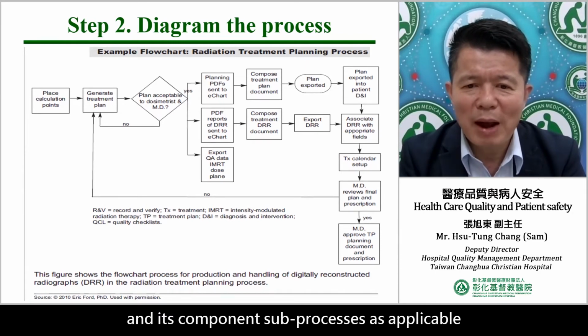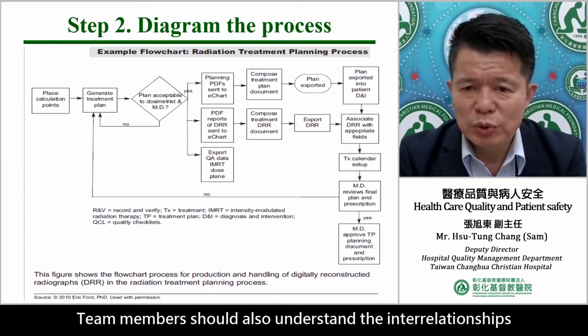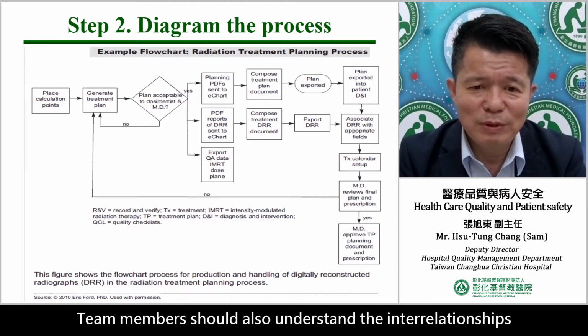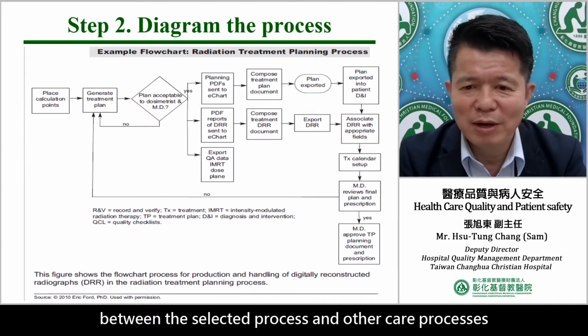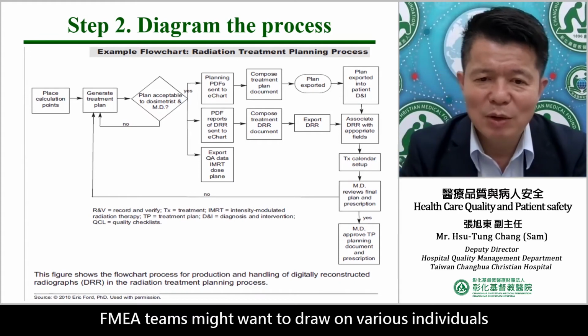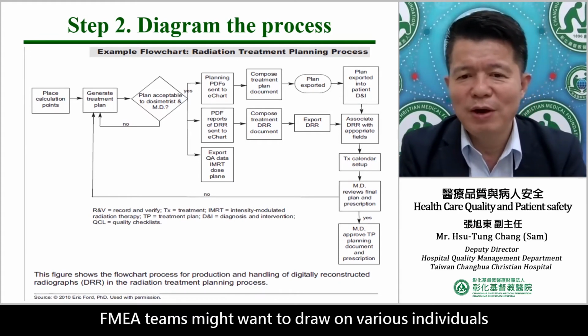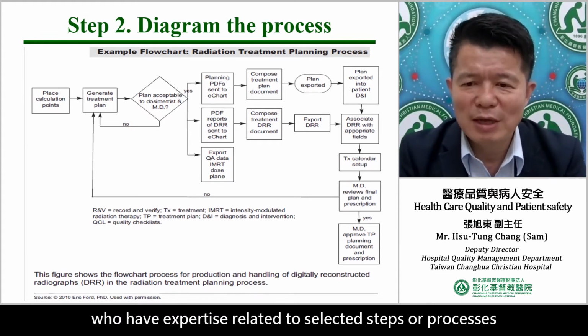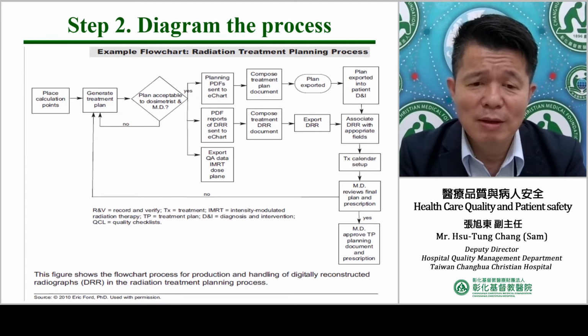sub-processes as applicable. Team members should also understand the interrelationships between the selected process and other care processes. FMEA teams might want to draw on various individuals who have expertise related to selected steps or processes.